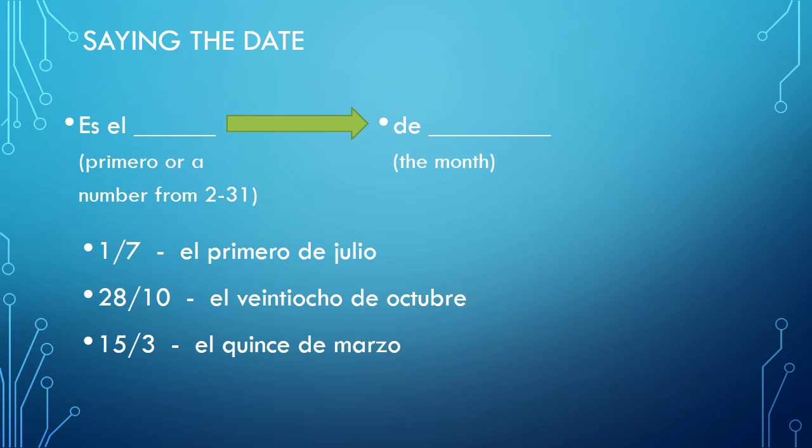And the last one that I have here just is El 15 de Marzo. El 15 de Marzo. So just be aware that they write their dates differently in Spain and Latin America, and I think it's every country except for the United States. So make sure that you know that, because you don't want to get confused about the dates.